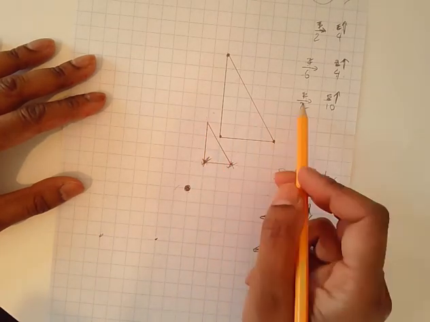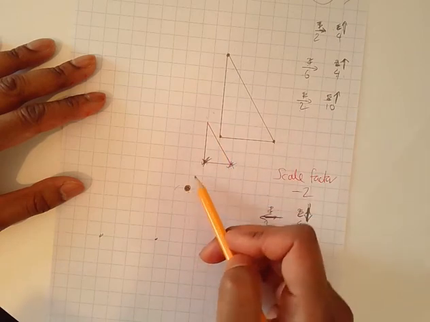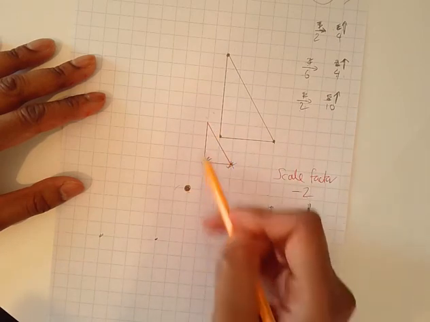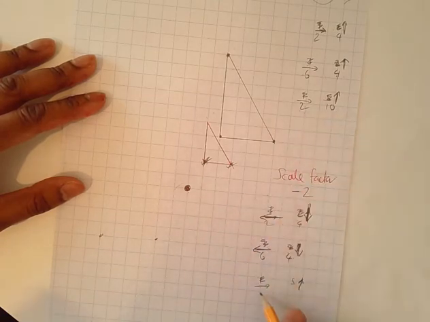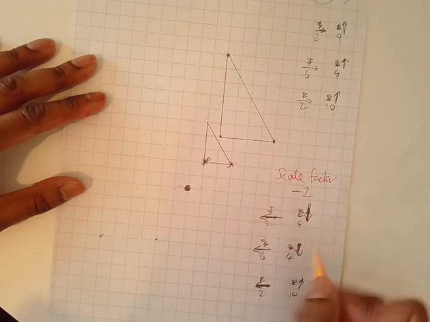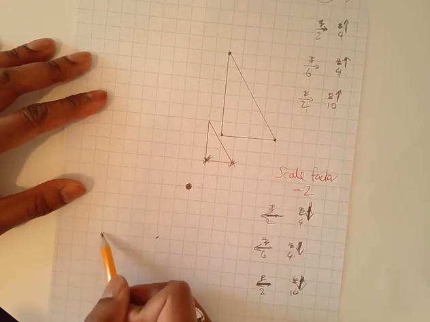From here to here it's 1 to the right, 5 up. Double these. Flip the arrows because it's negative. That'll be 2 to the left, 10 down.